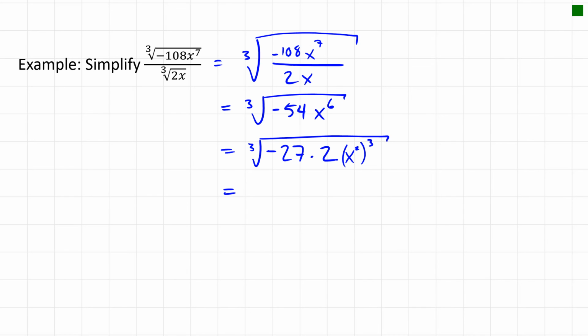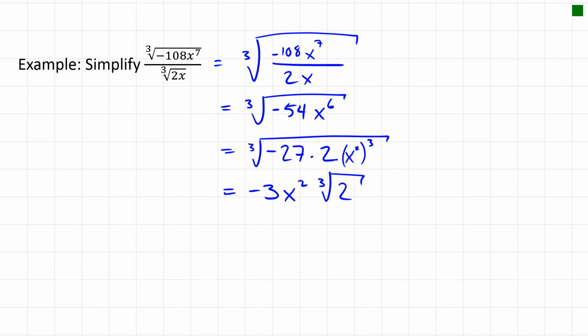So taking the cubed root of negative 27, I have negative 3. And the cubed root of x to the power 6 would be x squared, which means I've left over the cubed root of 2.